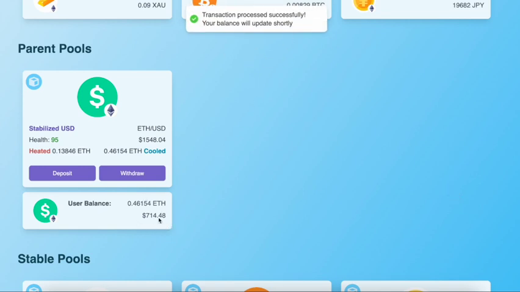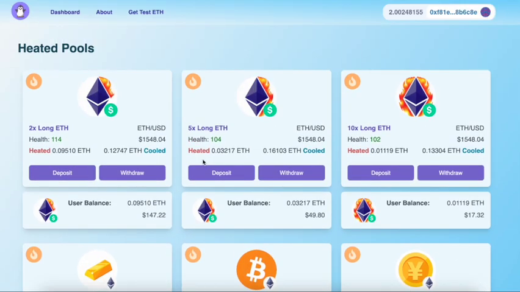Balance is going to update from 714. It's going to go down by the amount that we withdrew. Let's just wait just a moment for that. As I mentioned before, we all know Goerli takes just a little while. There we go. So you can see it went down by the amount we expected. We are all good here.